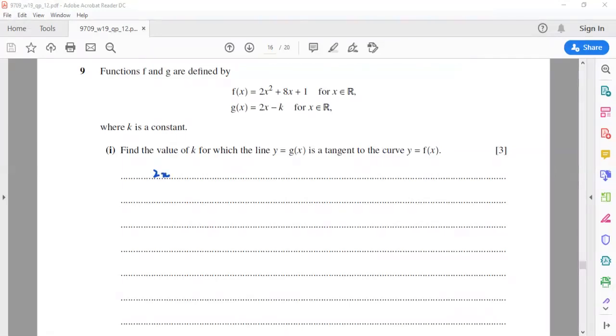So 2x square plus 8x plus 1 is equal to 2x minus k. So 2x square plus 6x plus k plus 1 equals 0. Now since it is a tangent, b square minus 4ac must be equal to 0.